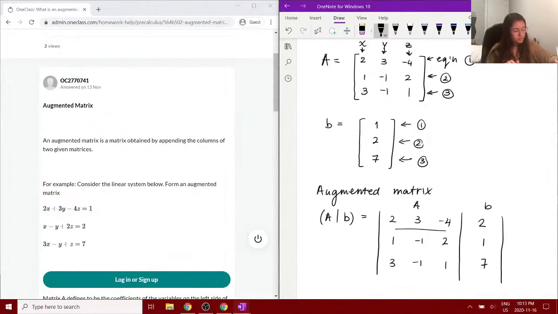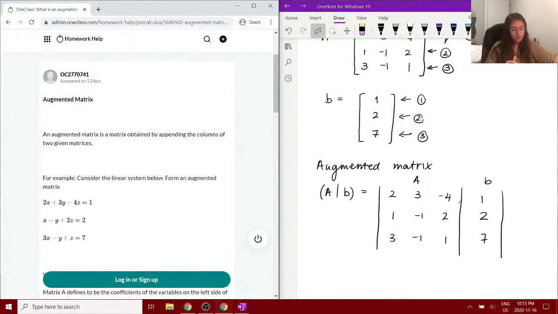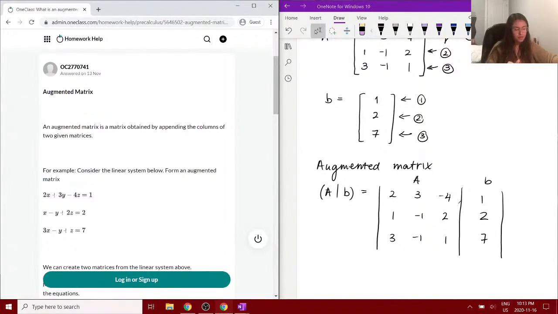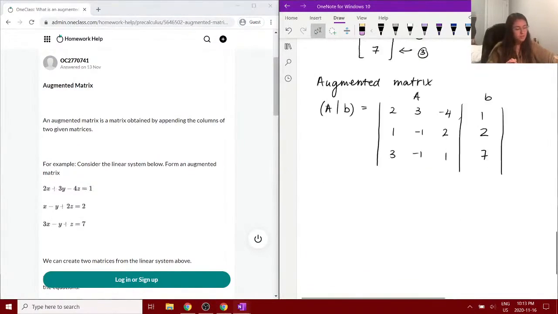The answer for this one was not equal to 2. So yes, make sure that everything is properly lined up. And you should see that the resulting augmented matrix mirrors the initial system of linear equations that you're given. And that's it for that question.